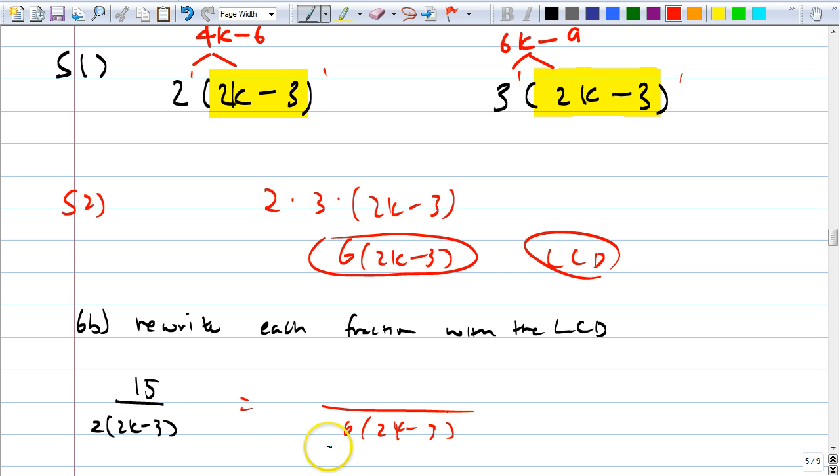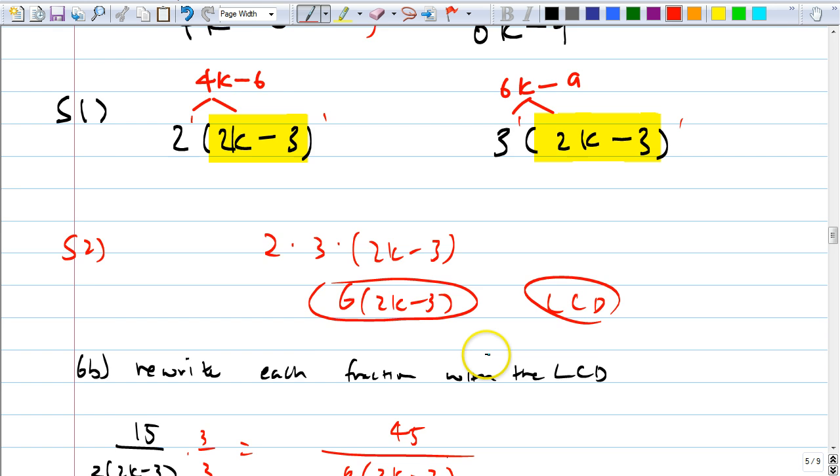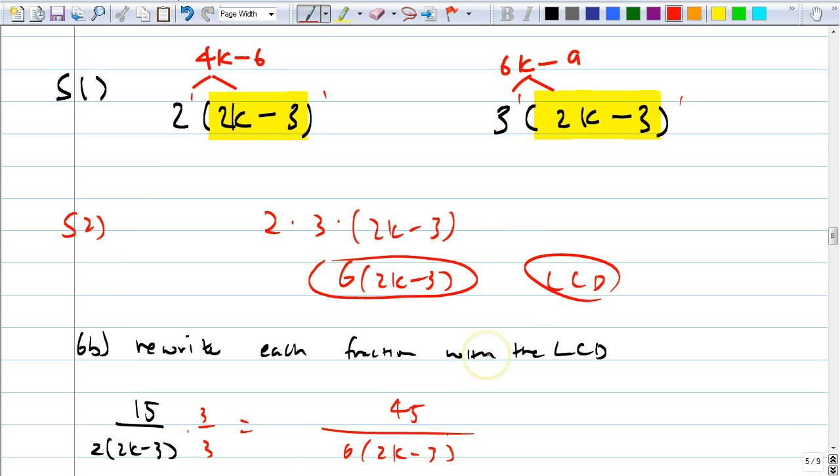What do I need to multiply 2 times 2k minus 3 by so that it becomes 6 times 2k minus 3? 3. Yes, I need to multiply top and bottom by 3. Right? Isn't that how you get this? 2 times 3, you get 6. What's 15 times 3, guys? 45. Easy enough? So we have rewritten the first fraction with the LCD of 6 times 2k minus 3.